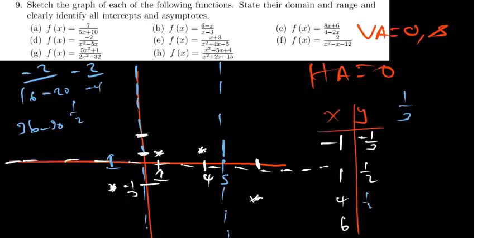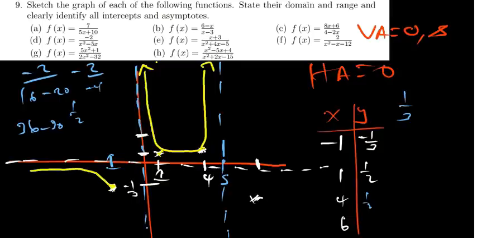I can see from here that my graph is going to be like this. If I've got these 2 points, this graph is going to come like this. It has to come there, then it goes there. Then I have also these points. It has to touch that point, this point going there, not touching the asymptote. Again, this point going here.